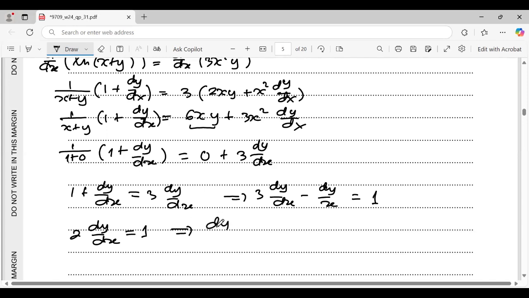So dy/dx equals 1/2. So we can state that the gradient of the curve is 1/2. Next question.